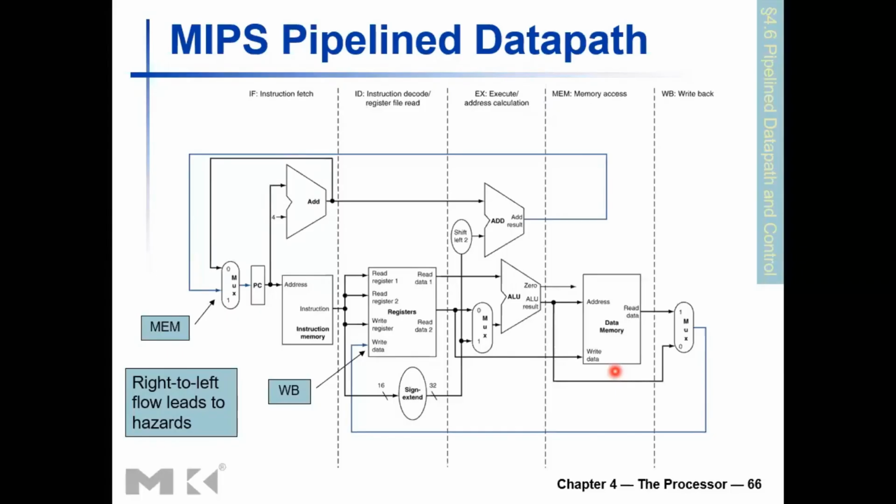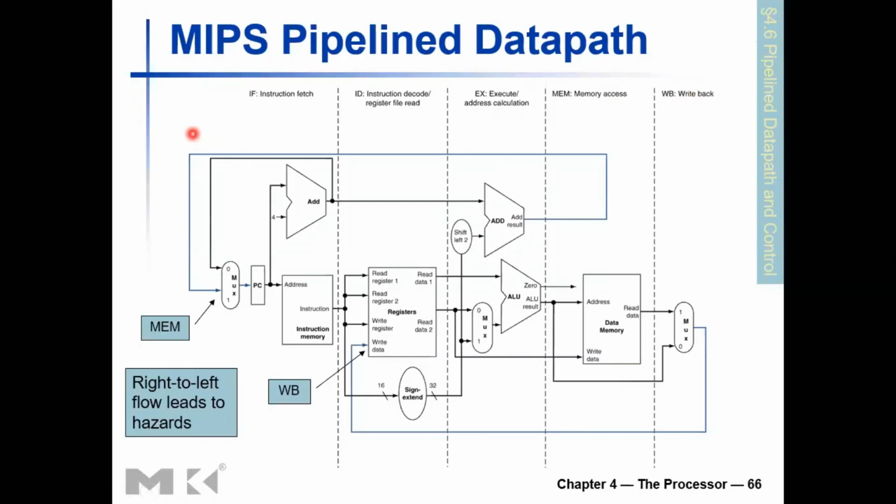So this is very similar to the single cycle, but the hardware is arranged into the pipeline stages that we have defined. The 5 stages are instruction fetch, instruction decode and register file read, execute or address calculation, memory access, read or write, and then writing the result back to a register. So let's quickly go over this diagram.